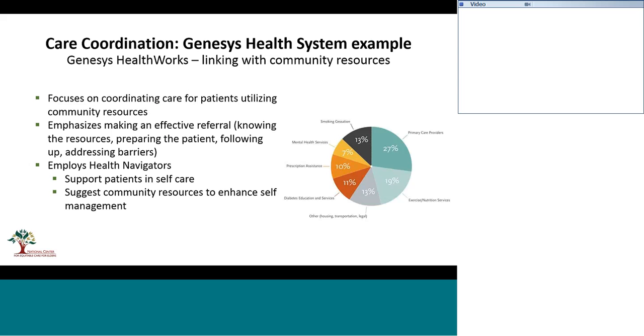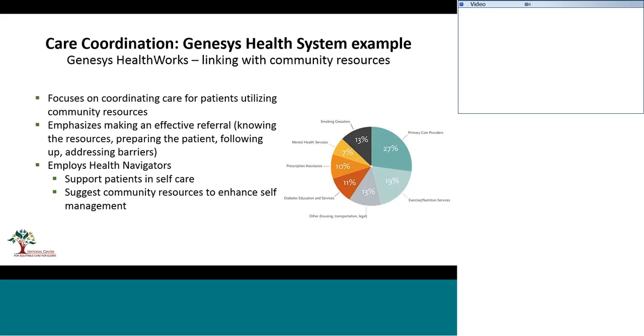So I wanted to give one example of care coordination. This is the Genesis Health System, and they have a program, the Genesis Health Works. And here they actually emphasize linking with community resources. They focus on coordinating care for all of their patients, not just diabetic patients, for utilizing community resources, and it emphasizes making what they call an effective referral.